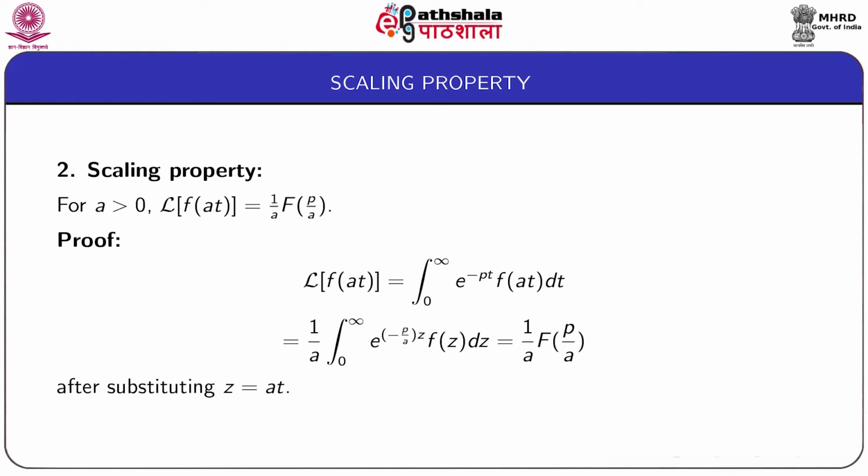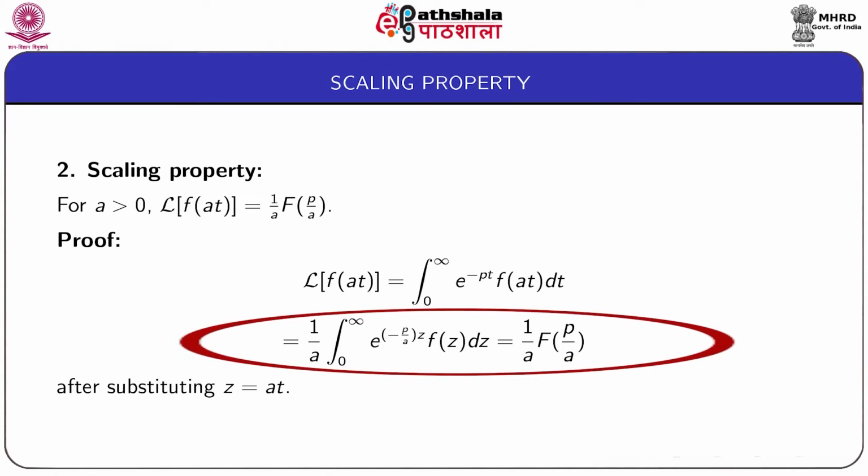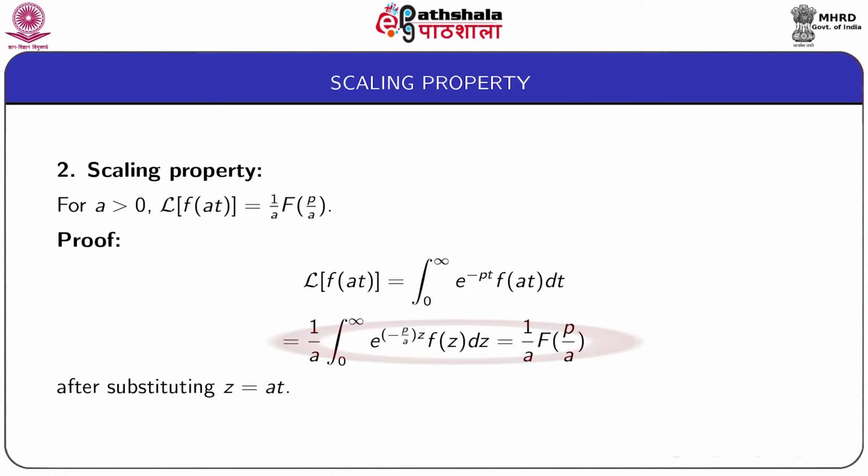If we substitute z equal to at, then this integral becomes equal to 1 by a integral from 0 to infinity e to the power minus p by a into z f(z) dz, and this is equal to 1 by a F of p by a. So, we have proved the scaling property.